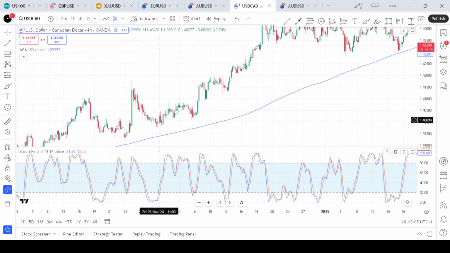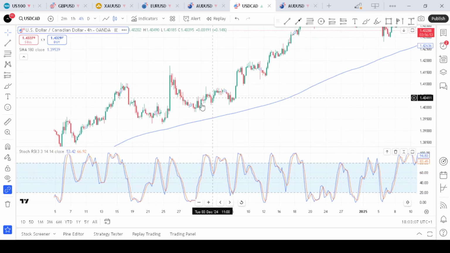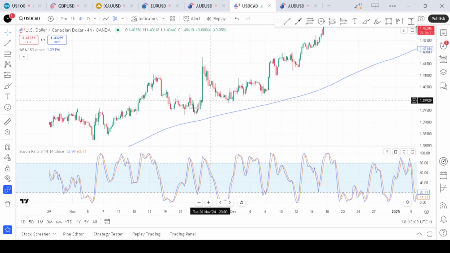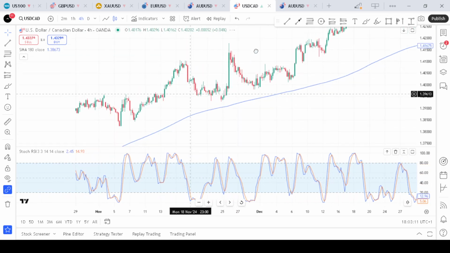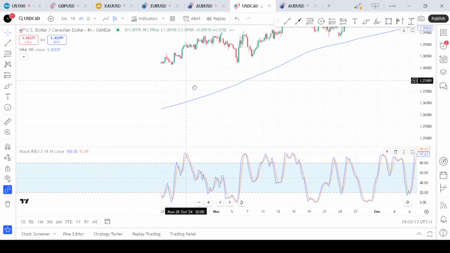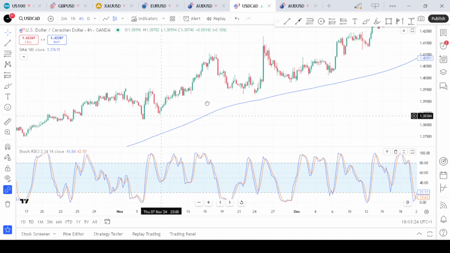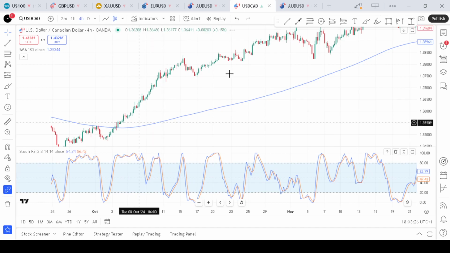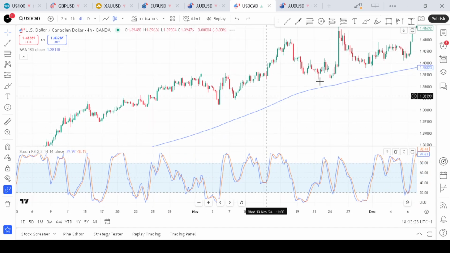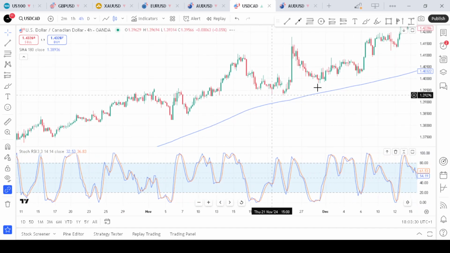So you wait for the pullback. You wait for price to pull back to at least the 180 simple moving average. In a buy trade, in an uptrend, you wait for price to pull back to the simple moving average, and when it does, we will look for our buying opportunity.